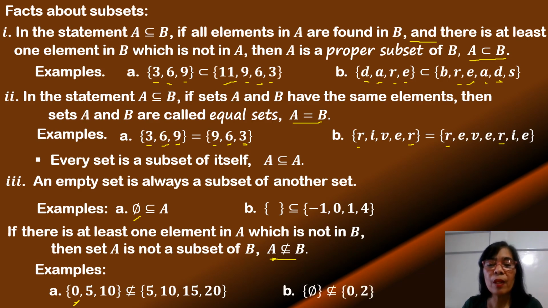Or we have here a set containing this element, the symbol 5, is not a subset of the set containing the elements 0 and 2 because this element is not found in the second set.